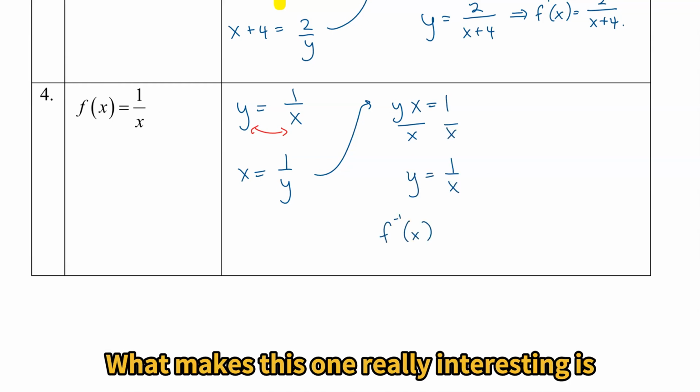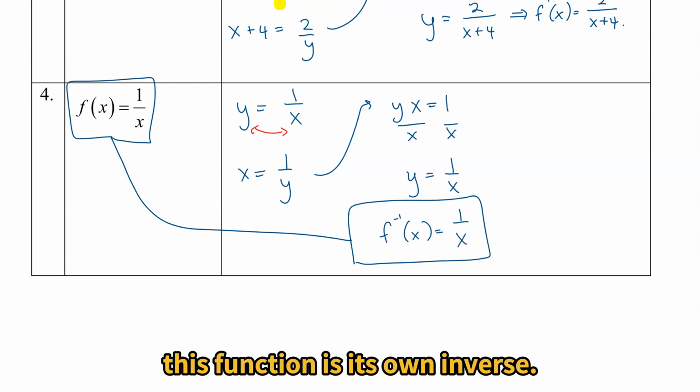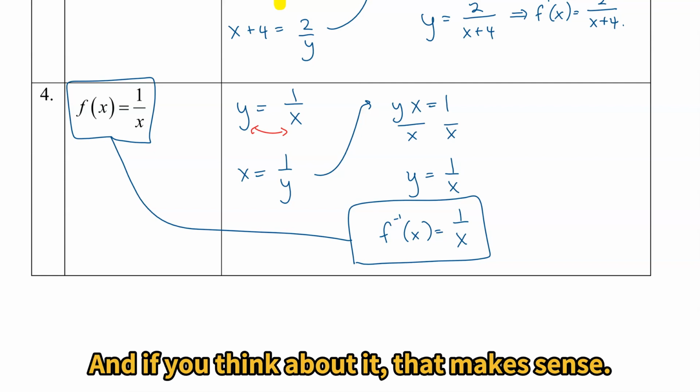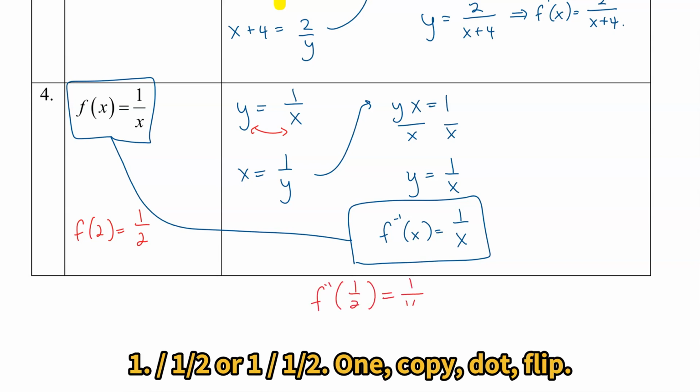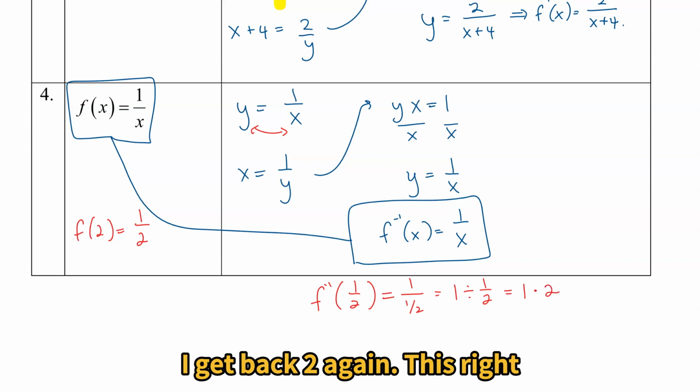What makes this one really interesting is this function is its own inverse. And if you think about it, that makes sense. f of 2 is 1/2. f inverse of 1/2 is 1 over 1/2, or 1 divided by 1/2, keep, change, flip, and I get back 2 again.